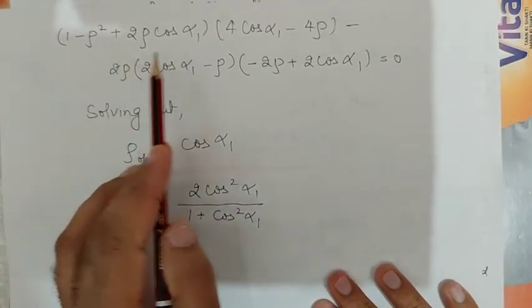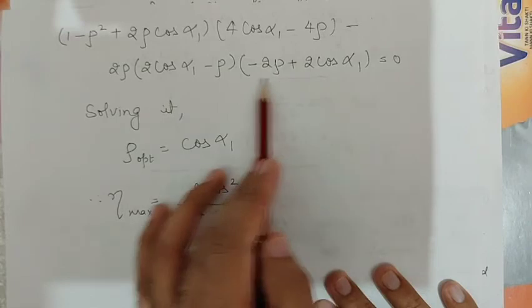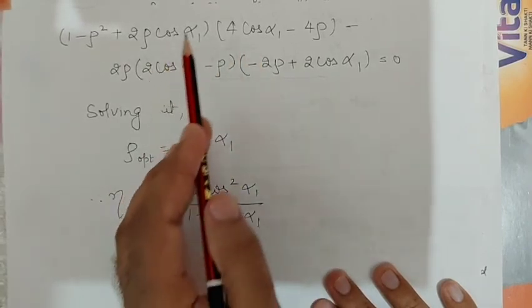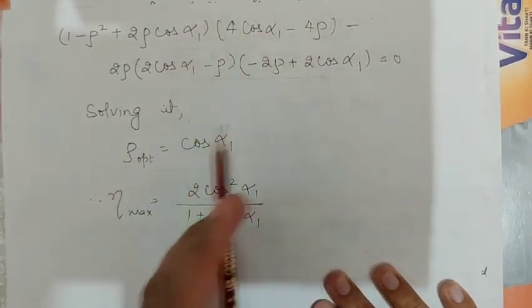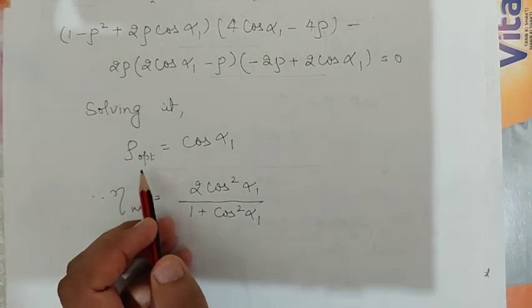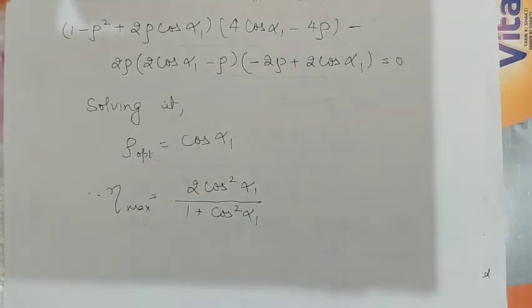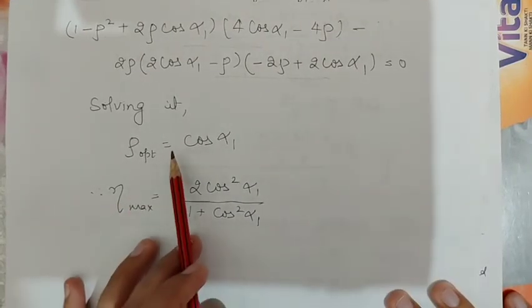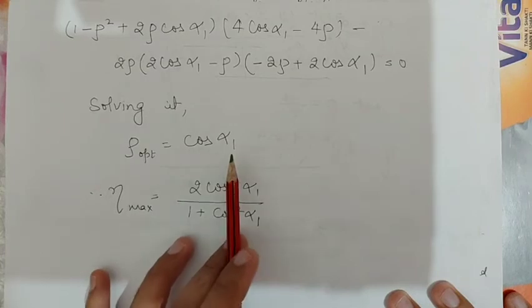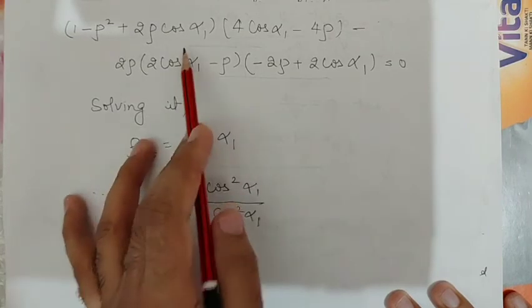By differentiation we get this equation. Solving it, we get rho optimum, which means the value of rho at which we get the maximum blade efficiency. So rho optimum comes out to be cos alpha 1.